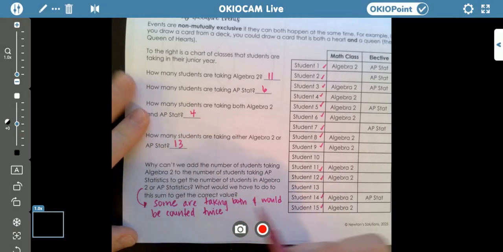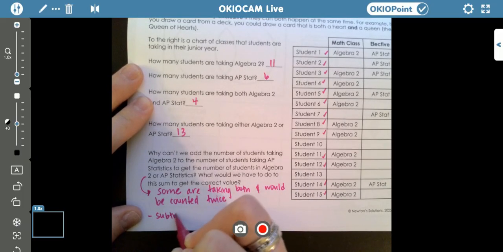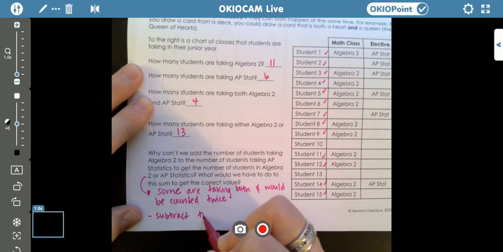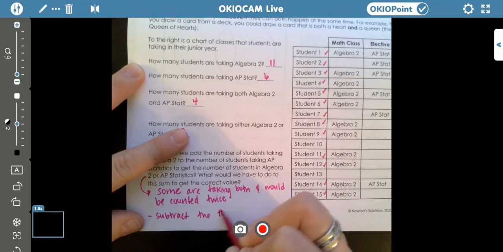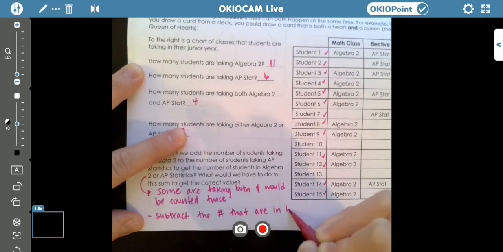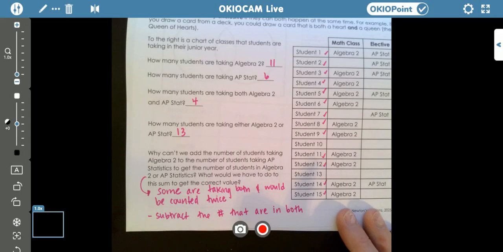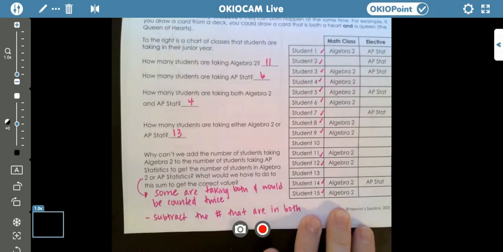And then what would we have to do to this sum to get the correct value? We would have to subtract the number that are in both, because we don't want to double count them. So if we subtract them once, then they're counted once, but not double counted. So that's when things are not mutually exclusive.